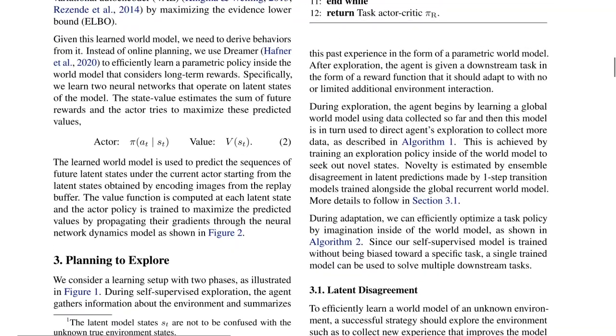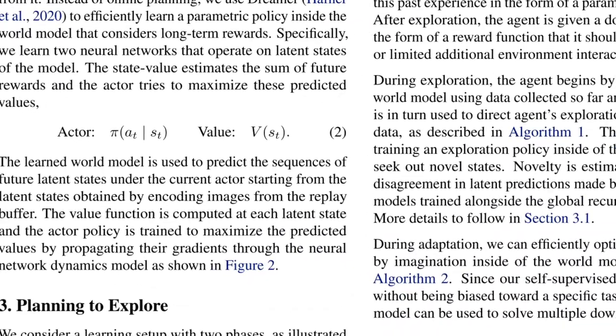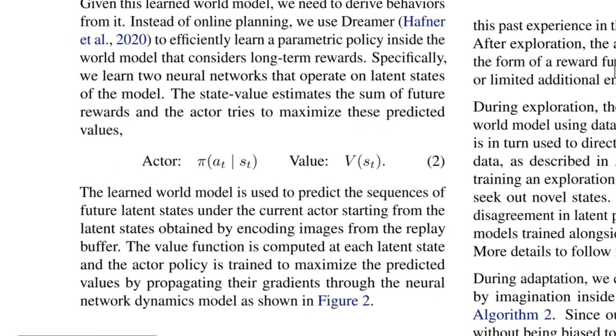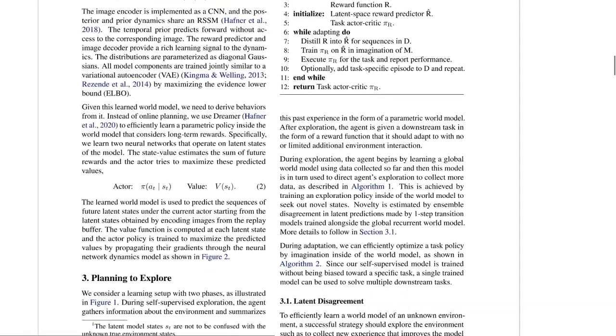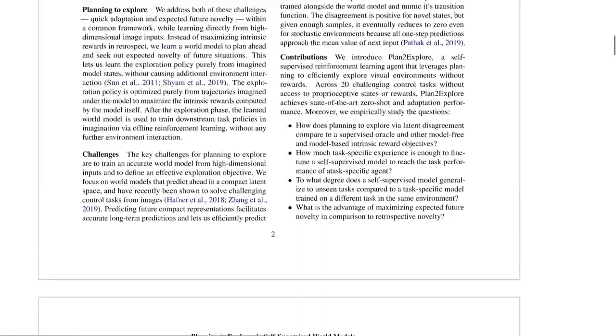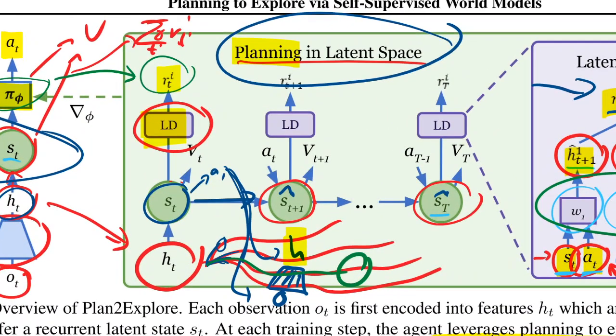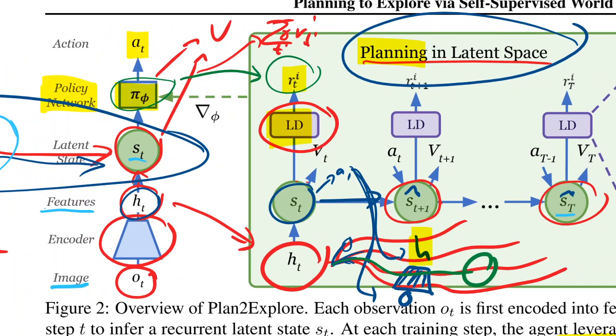But one other thing right here, the policy that tries to maximize the reward, right? So you use planning to look ahead where the uncertainty is. But how do you do the planning? You need a policy in imagination space, right? This latent disagreement policy here is used to train how you act in latent space, right? How this action that you imagine comes to be.